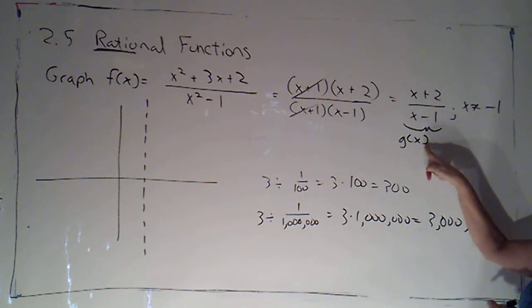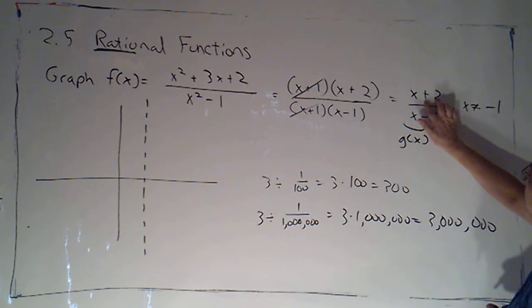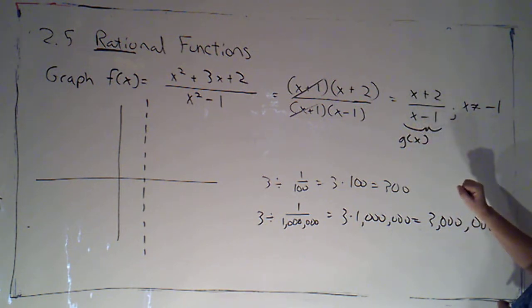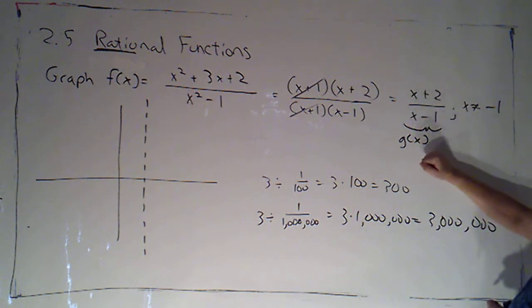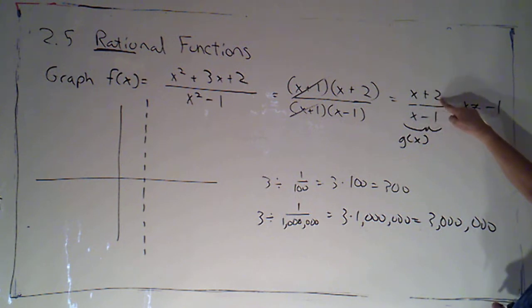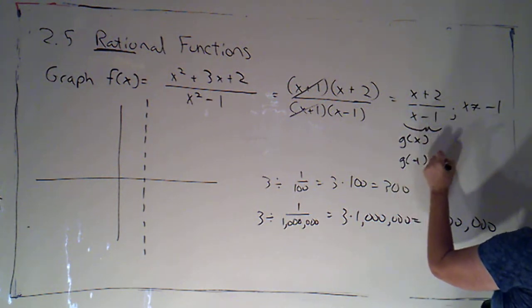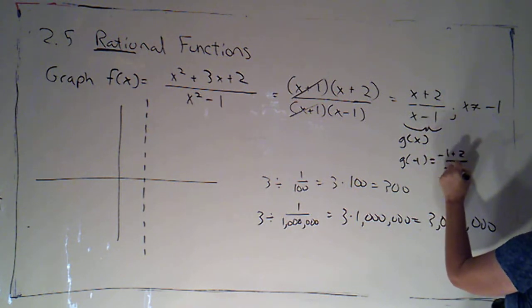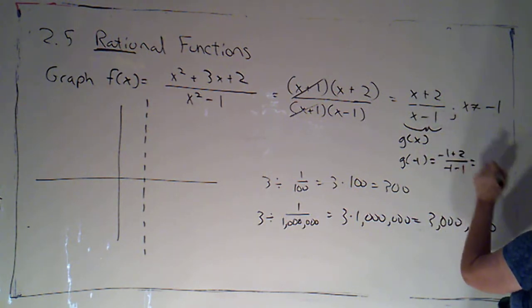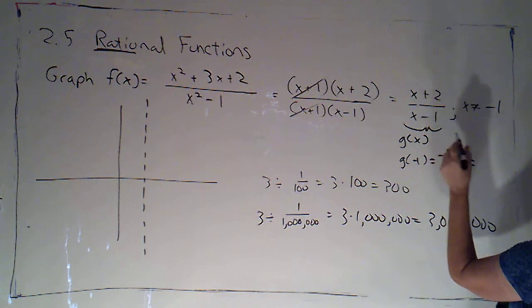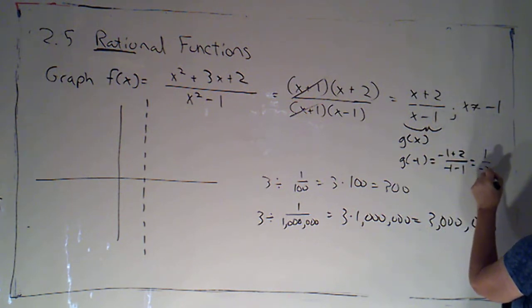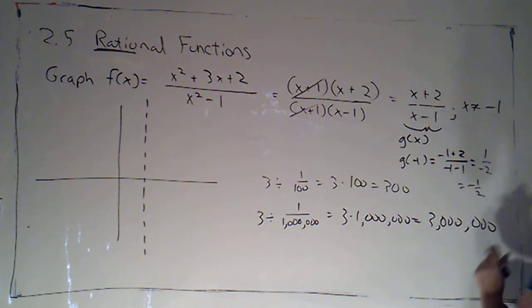This would have a point at 1. If I plugged in 1, I'd get negative 1. If I plugged in negative 1, I'd get 1 over negative 2. So g of negative 1 is negative 1 plus 2 over negative 1 minus 1. That's going to be 1 over negative 2, or negative 1/2.